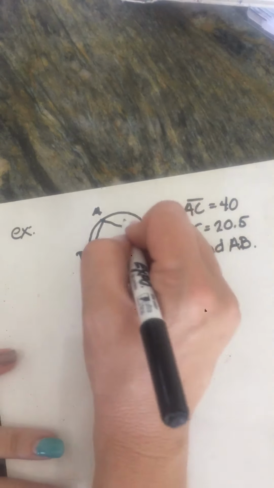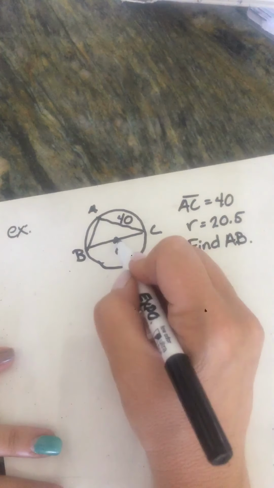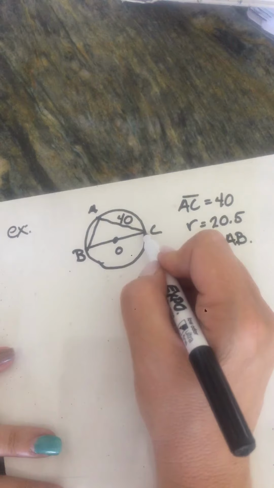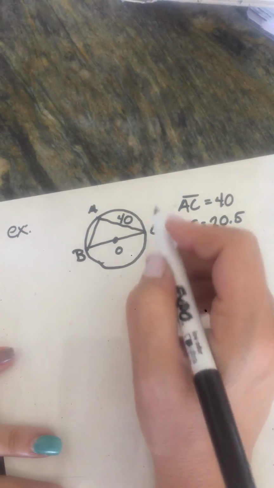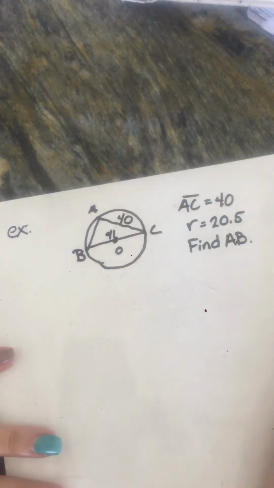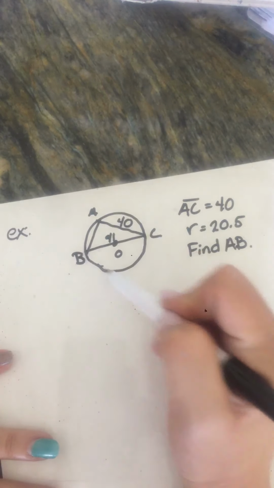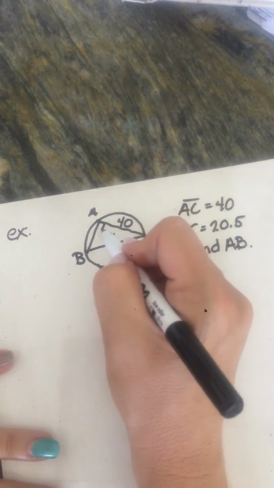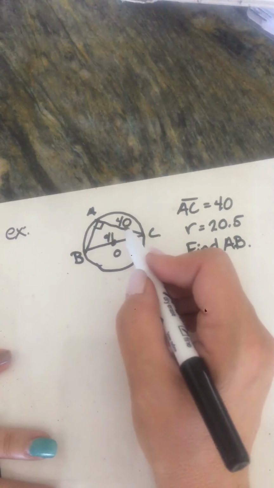So if AC is 40, here's a 40. The radius is 20.5. So from the center out is 20.5, which makes BC equal to 41. What kind of triangle is this? Here's an inscribed angle, and it's intercepting the semicircle. So here's a right angle here. So we've got a right triangle.